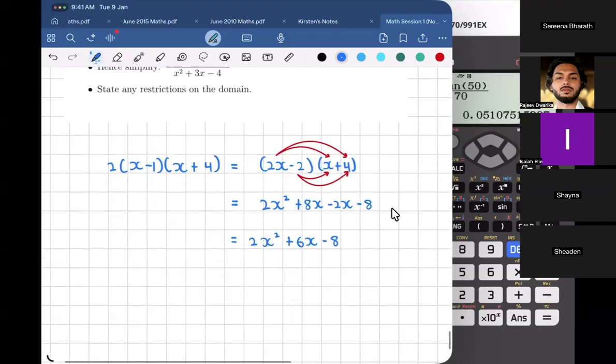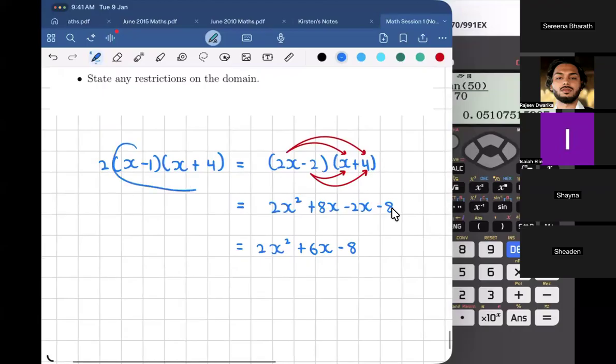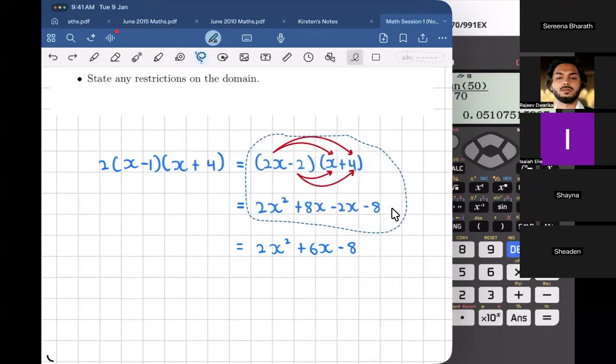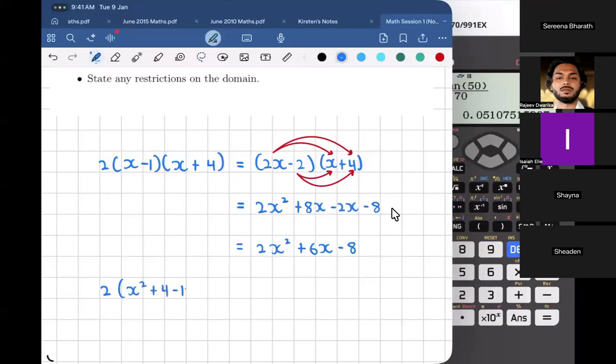Isaiah, how would you have done it? Would you have multiplied everything here first and then multiplied everything by 2? Or would you have done it like me? I would have multiplied the brackets and then multiplied by 2 after. Well, let me see how that goes. That'll be x by x is x squared. X by plus 4 is plus 4x, minus 1x, and then minus 1 by plus 4 is minus 4.